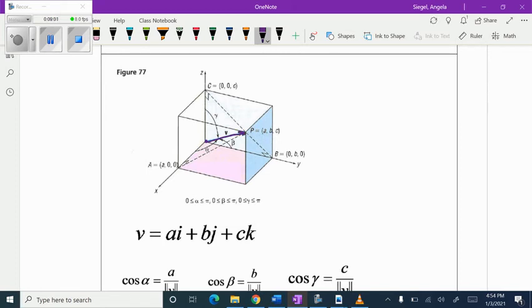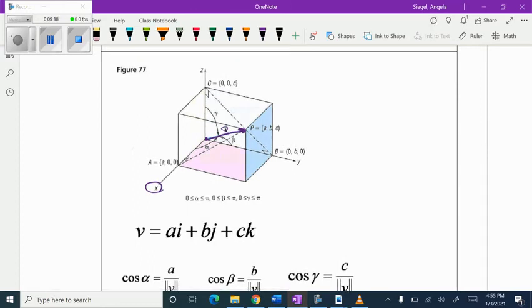Remember how if you have 2 intersecting lines, they form a plane. So this plane is formed between X and vector V, Y and vector V, and Z and vector V. We're going to talk about directional angles. Sorry, let me write that down. Directional angles. The directional angle that is formed between X and the vector is this angle alpha.